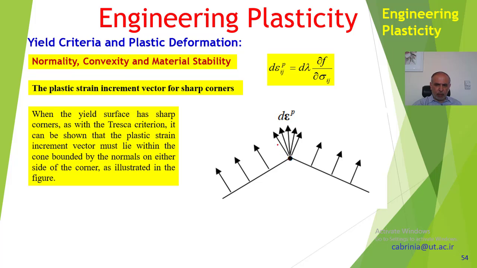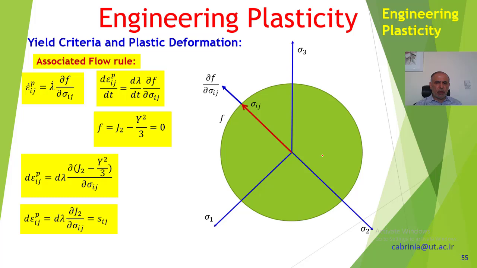Because at the sharp corner we have this one and we have that one, two epsilon p, both of them perpendicular. So here what happens? As shown here, it can be shown that the plastic strain increment vector must lie within the cone bounded by the normal on either side of the corner, as illustrated here. So we say for the sharp corners, any of these vectors could be correct. Okay, so we have no problem on the sharp corners.